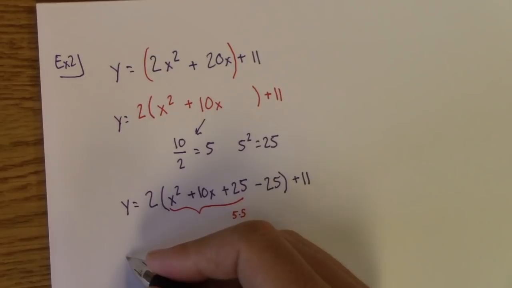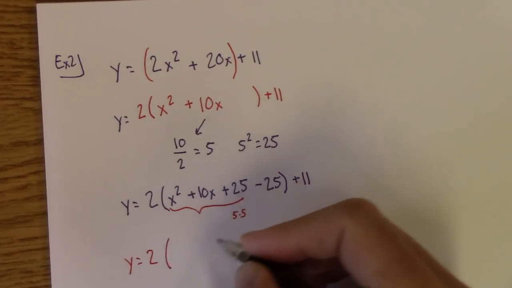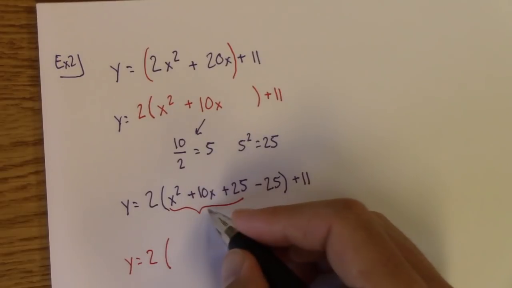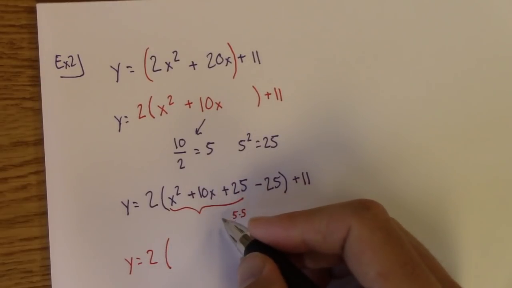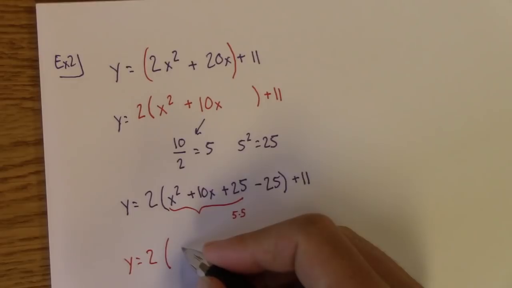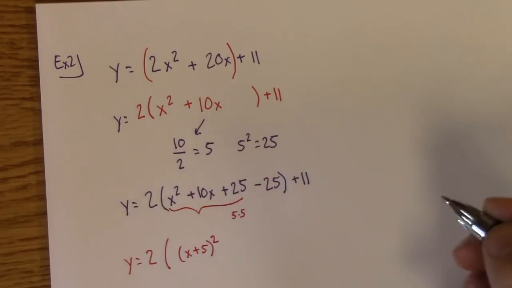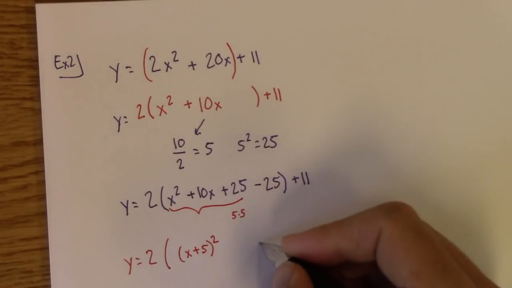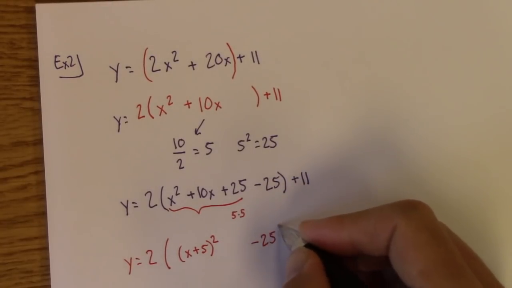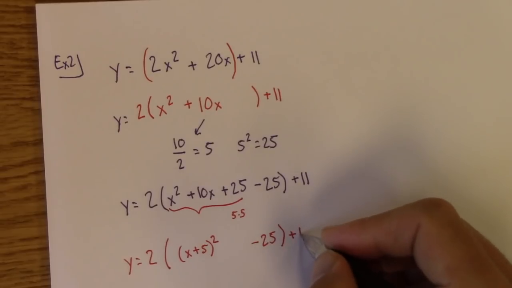So this problem factors into y equals 2 times x plus 5, x plus 5. I'm going to go ahead and group that up, and write x plus 5 squared, just like we had before. The minus 25 comes straight down, and the plus 11 comes straight down.